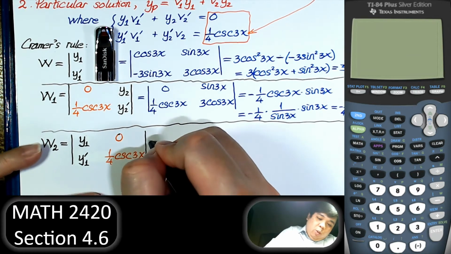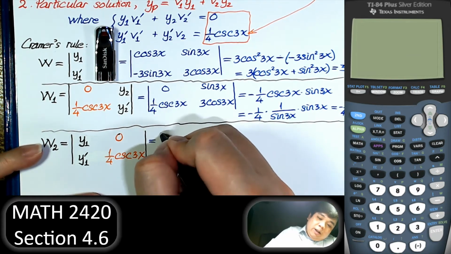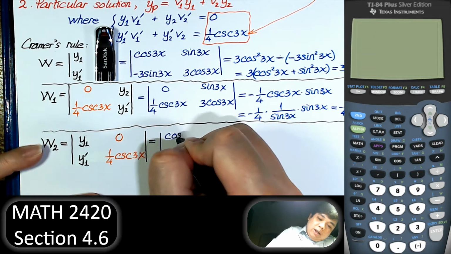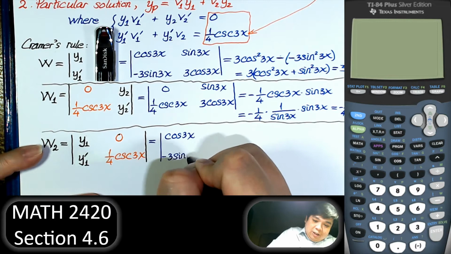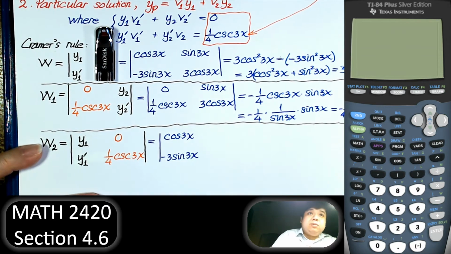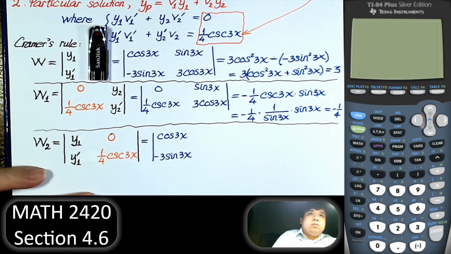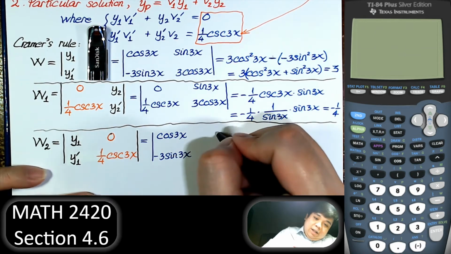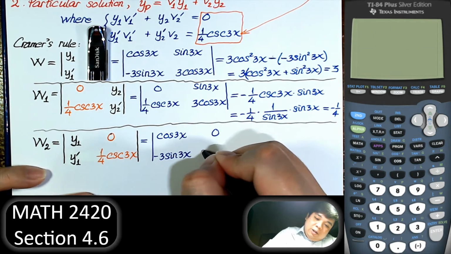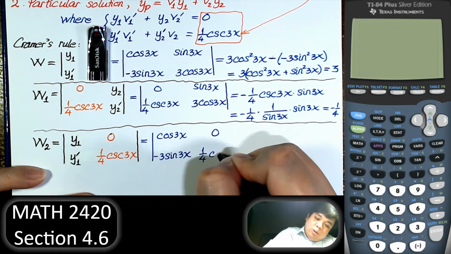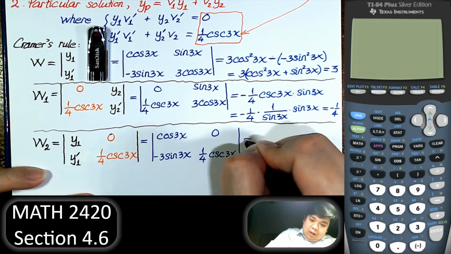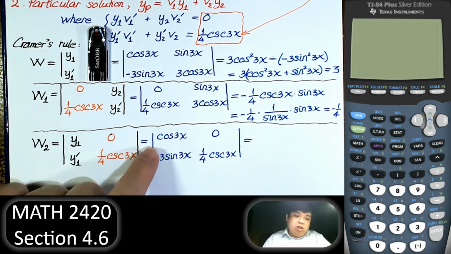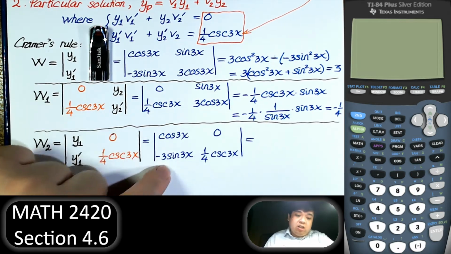Right, y1 prime, cosine of 3x, negative 3 sine of 3x. And then 0, 1/4 cosecant of 3x. Cross multiply and subtract, we just have those two because this is 0.